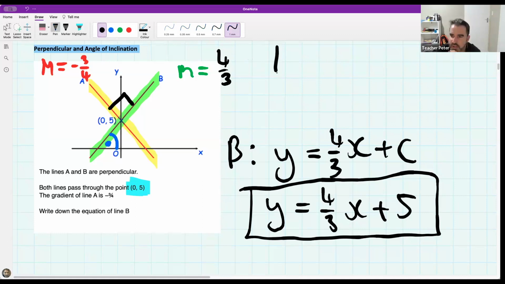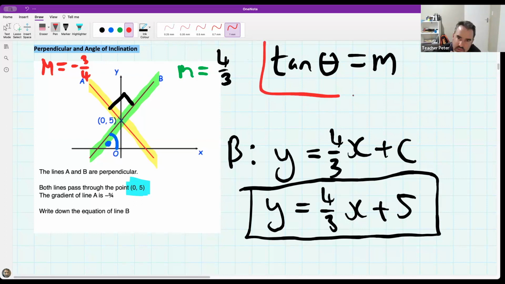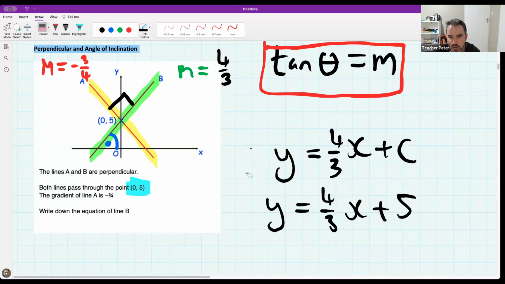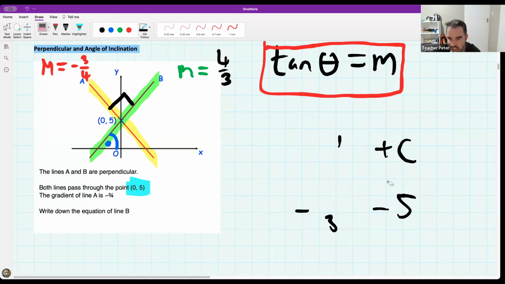Yep, thank you, CM Tanda, for being so generous to your classmates. CM Tanda suggested that in the previous lesson we had a formula that said tan of theta equals m, which can be used to find the angle of inclination of a straight line. So I want you to find me what that blue dot angle is, the angle of inclination.